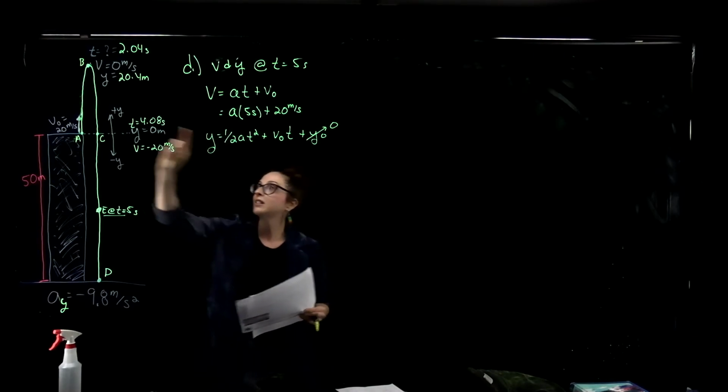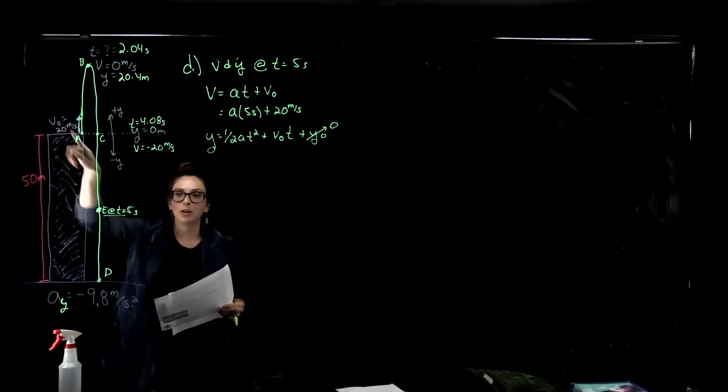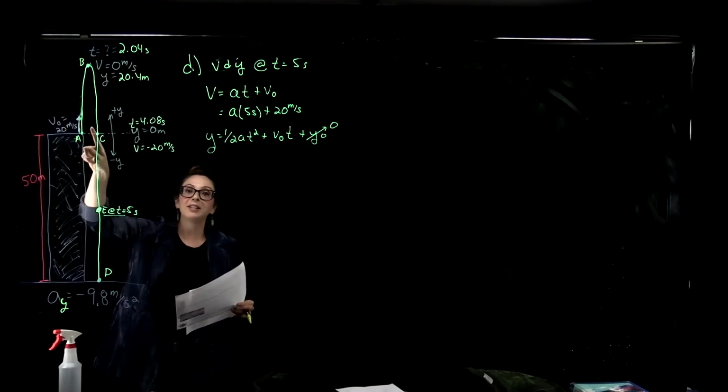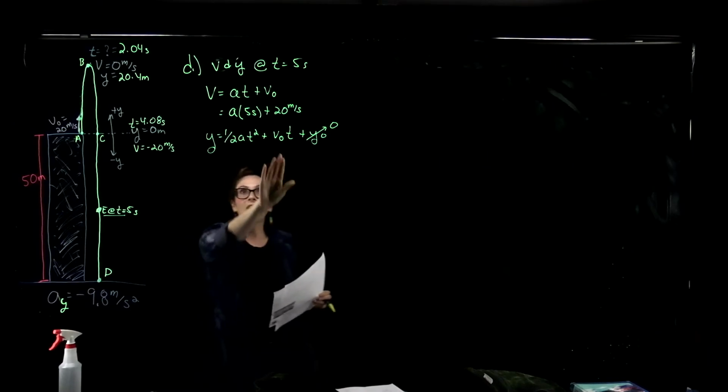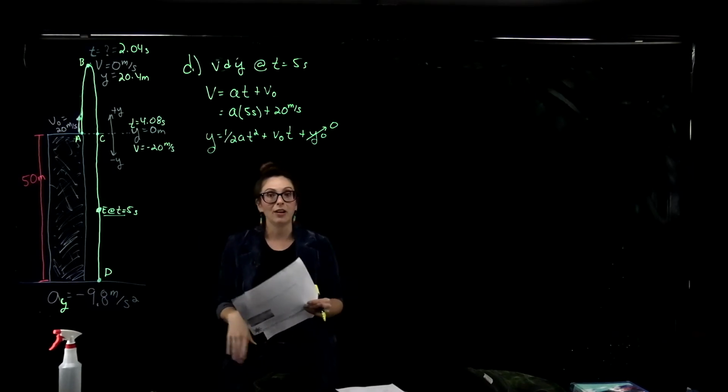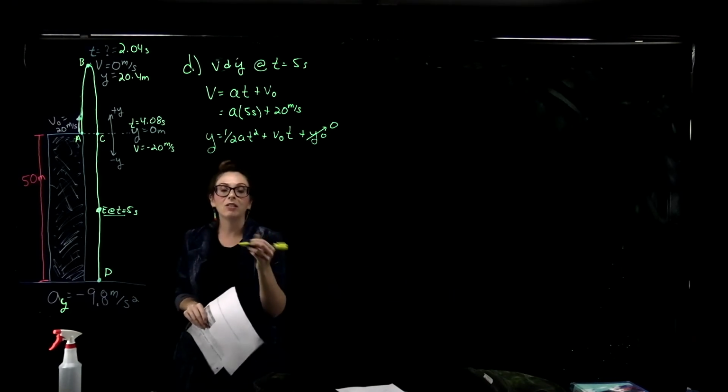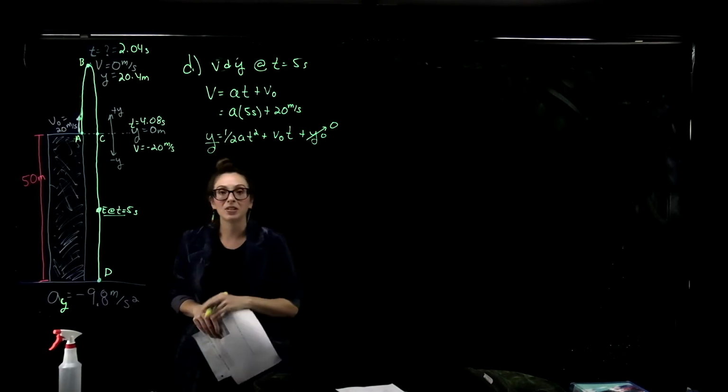Our initial velocity is going to come from our 20 meters per second. The total time it takes to go from A to B to C to E was 5 seconds. We know our acceleration due to gravity, okay? And then plugging all those in, that would also give us our position.